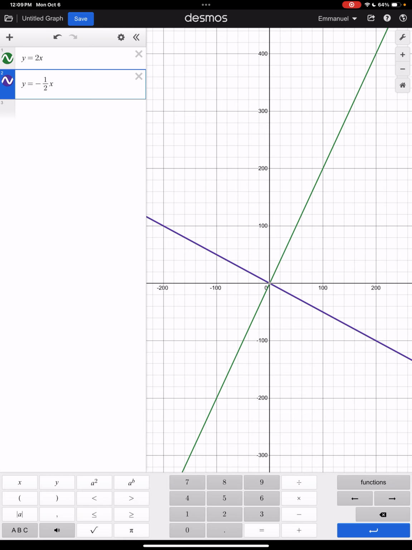All that's going on here is that they are cutting each other and forming a 90-degree angle. That's really all that's going on here.